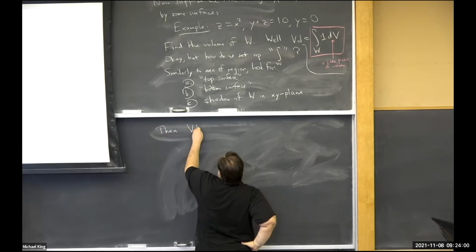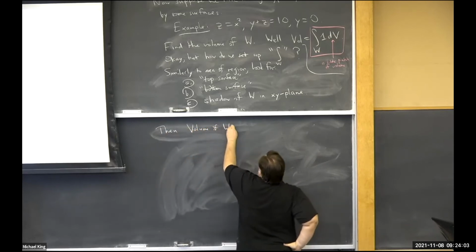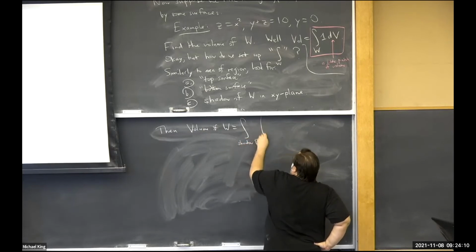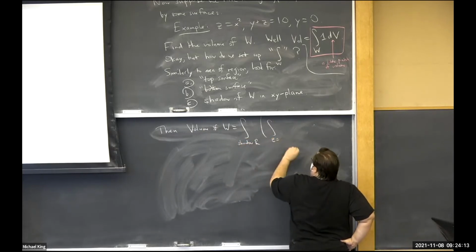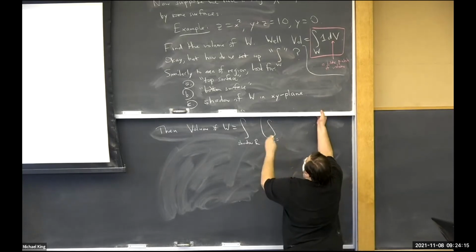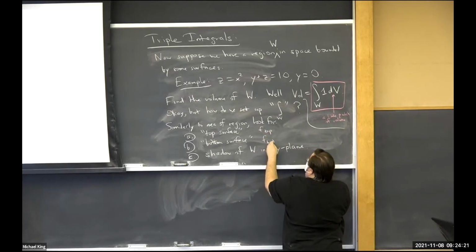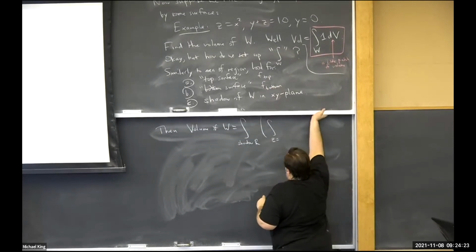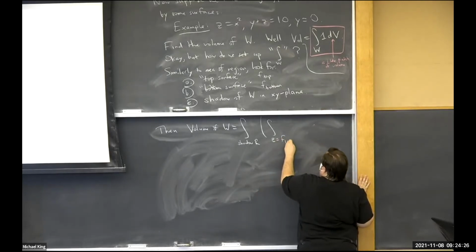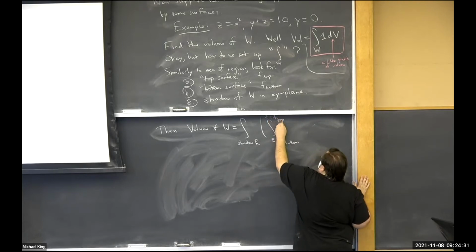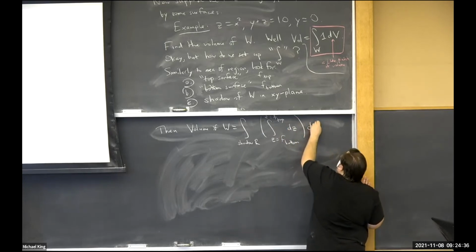The volume of W is the integral over the shadow R of the integral from z equals F bottom to z equals F top, the bottom and top surfaces, of 1 dz and then dA.